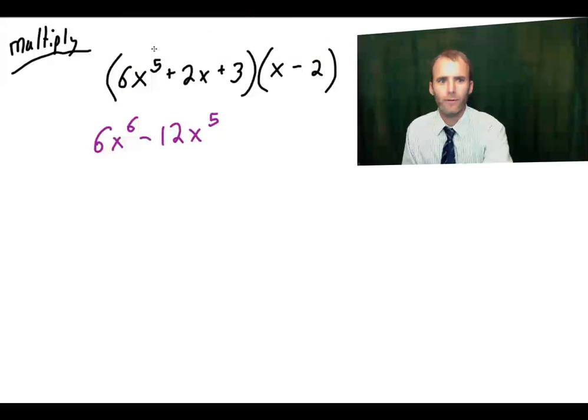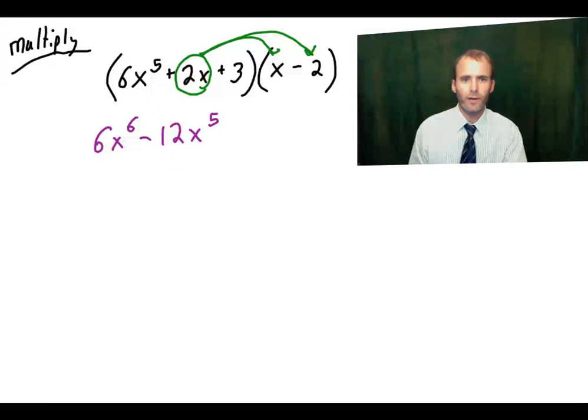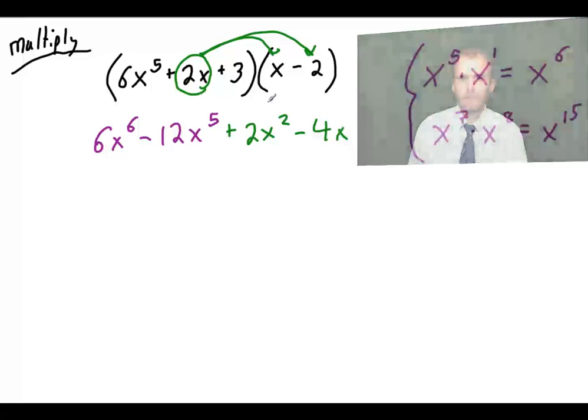Alright, let's take that away. And now let's go with the middle term. So the middle term, now we're going to multiply that by each term in this binomial. And 2x times x gives me plus 2x squared. 2x times negative 2 gives me negative 4x.